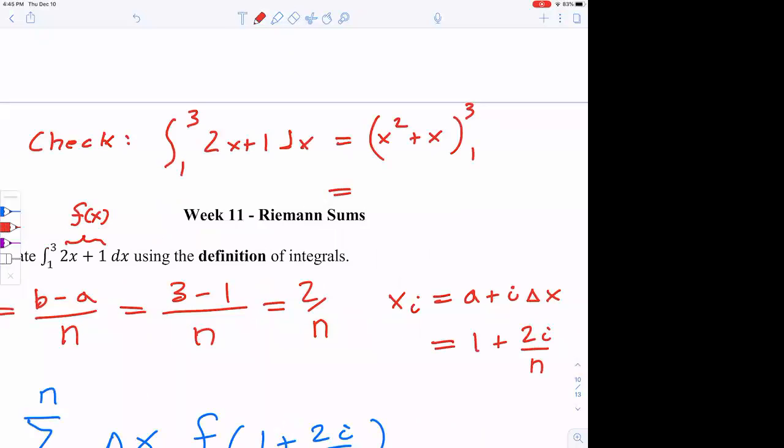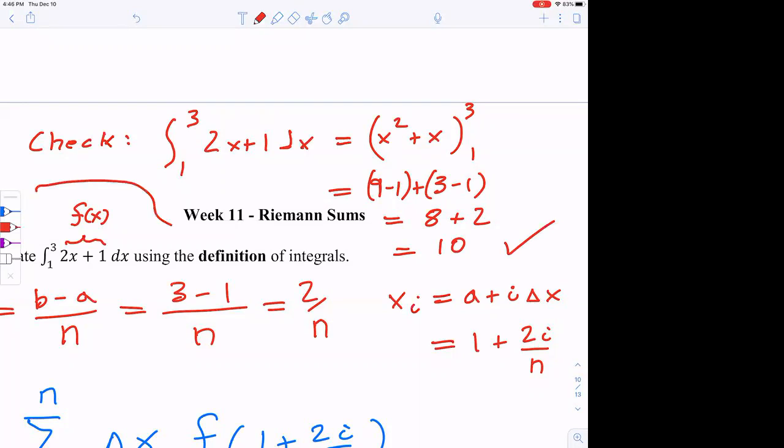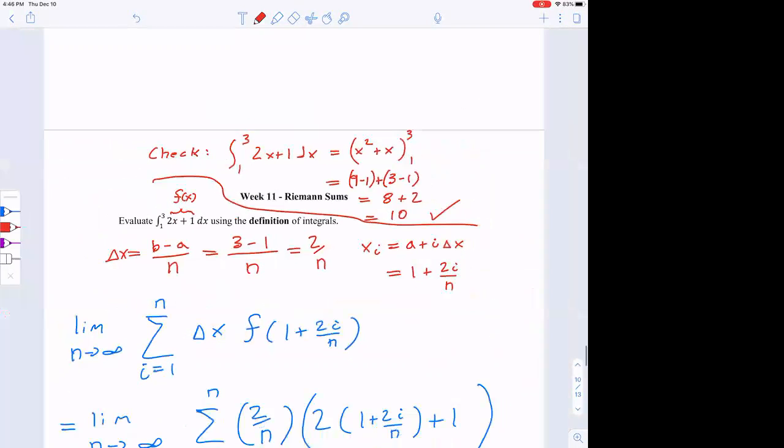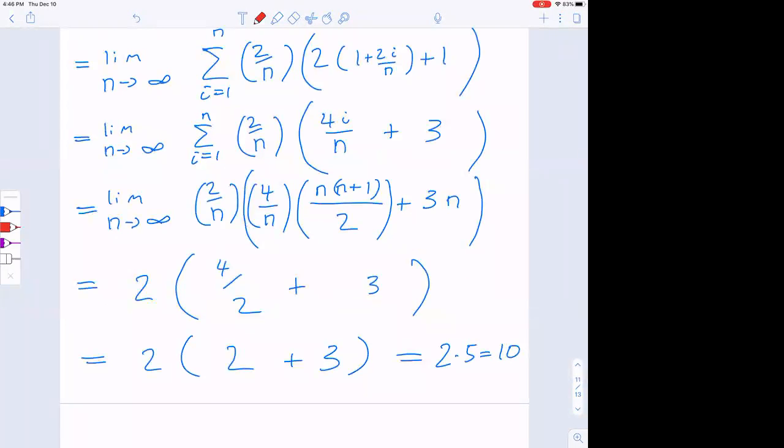So we plug in 3, we would get 9 minus 1. And if we plug into the x part, we would get 3 minus 1. So lo and behold, we do get what we came up with below for a different reason: 8 plus 2, which is also 10. So it does check out, in that you got the right answer with a little bit of carefulness in the end, making sure we evaluated that limit correctly.